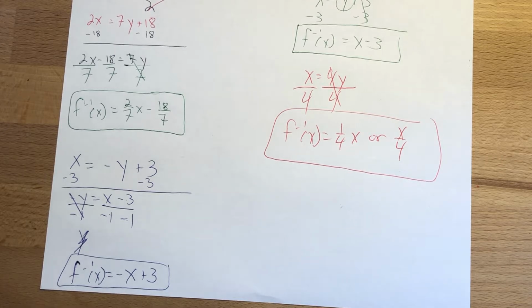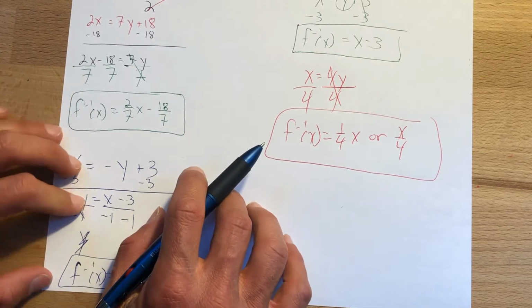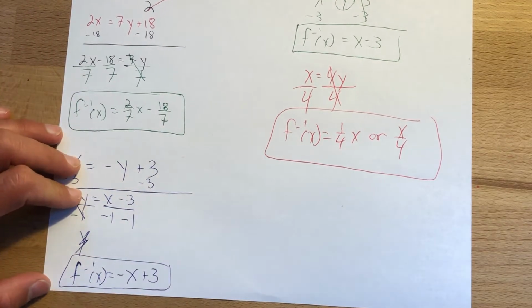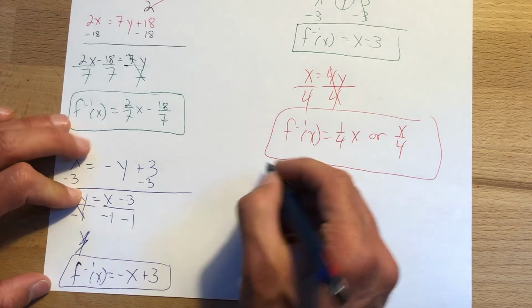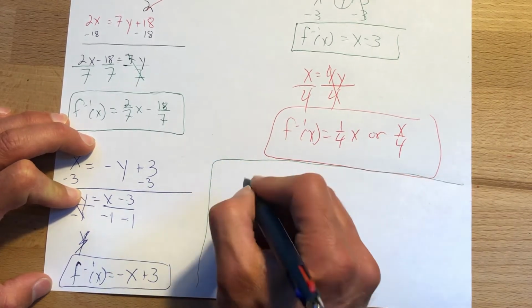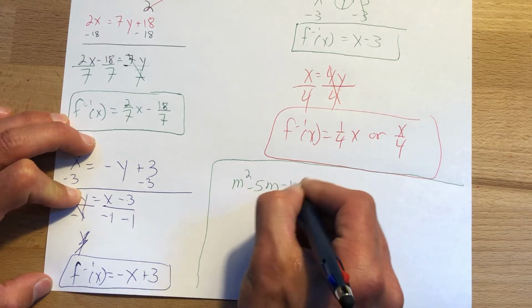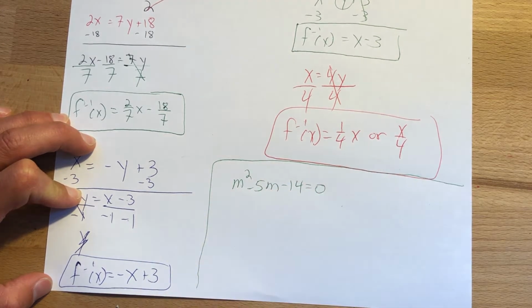Now it says solve each equation with the quadratic formula. But I told you when you were taking this, if you wanted to solve by factoring, if you could, you're more than welcome to do that. So I'm going to start off with the very first question. m squared minus 5m minus 14 equals 0.